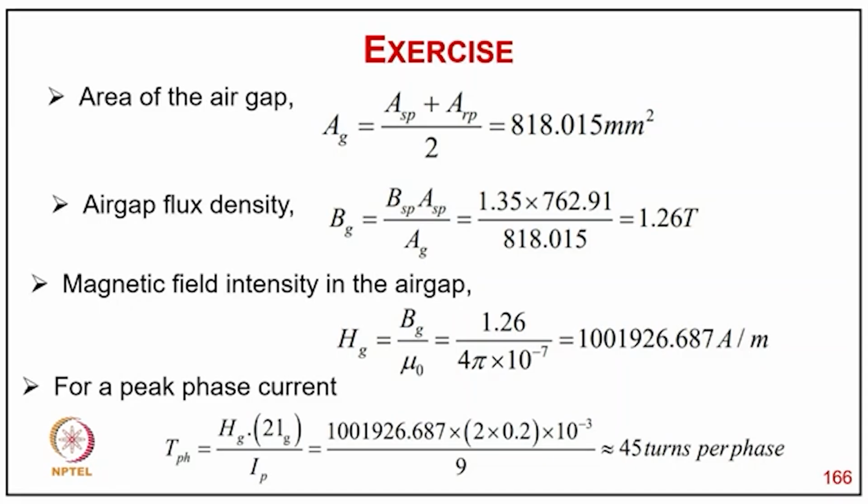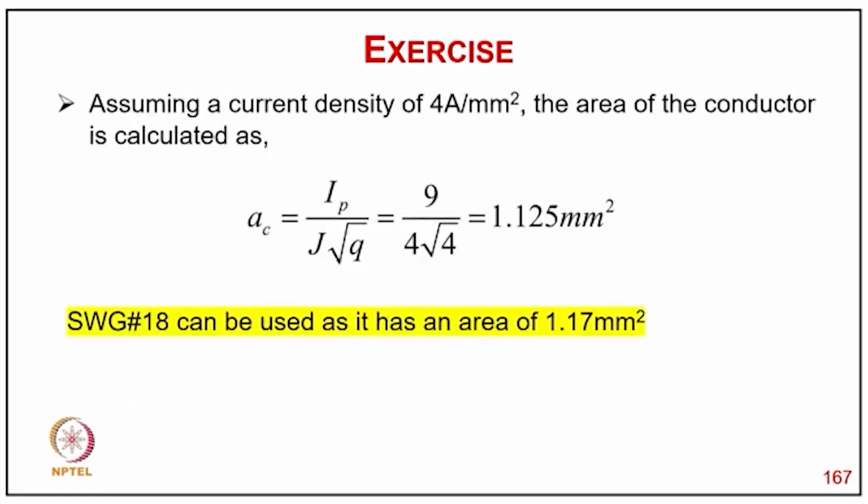Air gap flux density BG equal to BSP SP by AG, putting in the values, is 1.26 Tesla. Magnetic field intensity in the air gap H equal to BG upon mu0, putting in the values, comes to 1.10 to the power 6 ampere per meter for peak current. TPH equal to Hg into 2Lg upon IP, putting in the values, comes to 45 turns per phase.